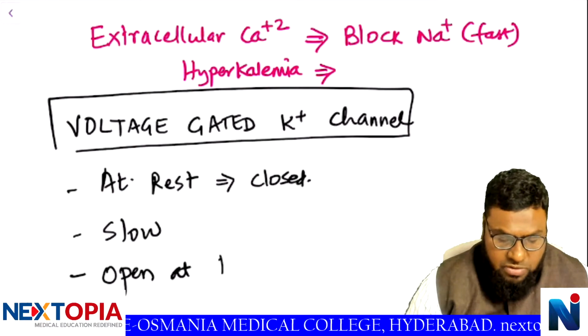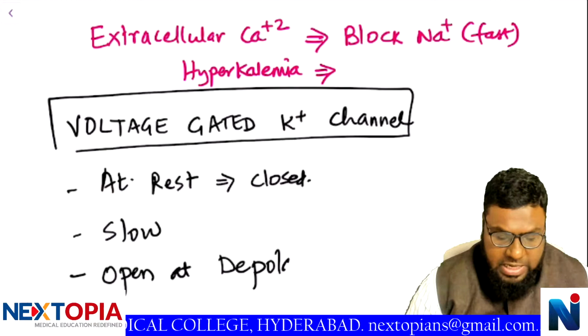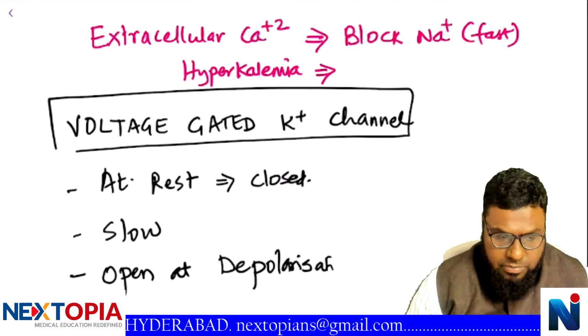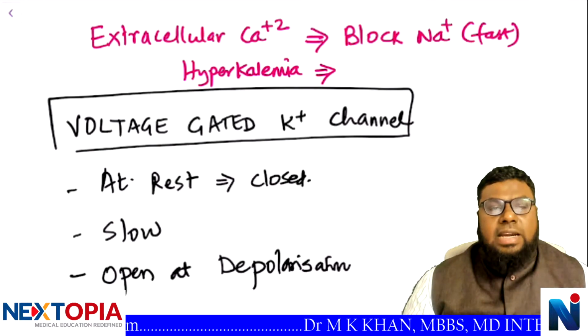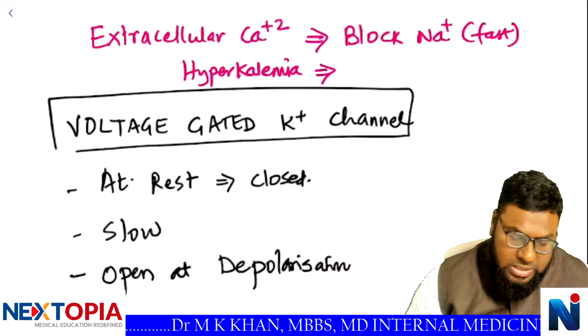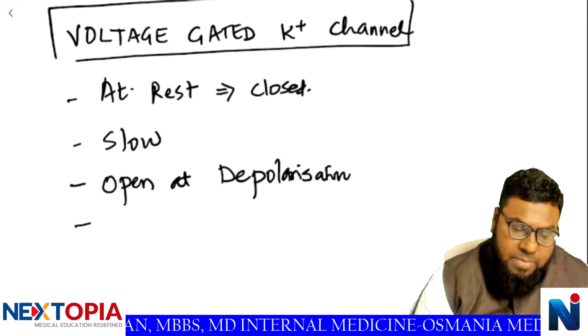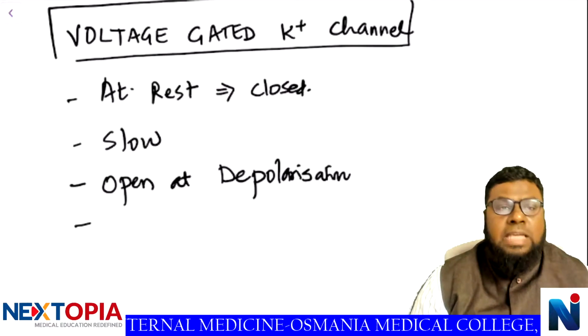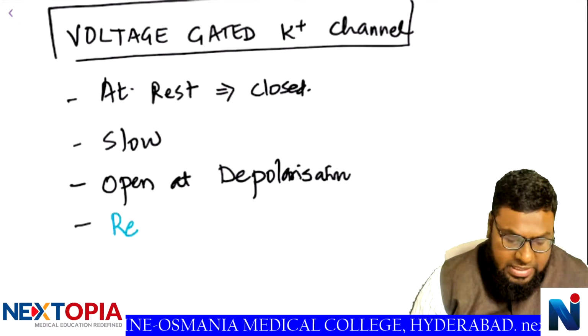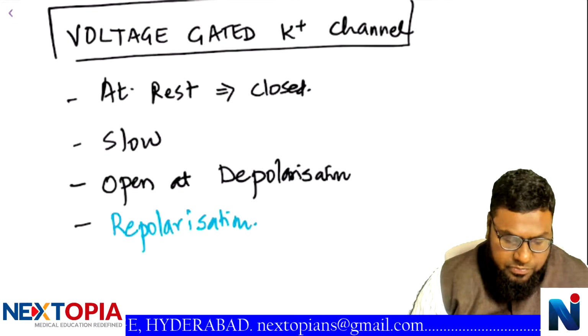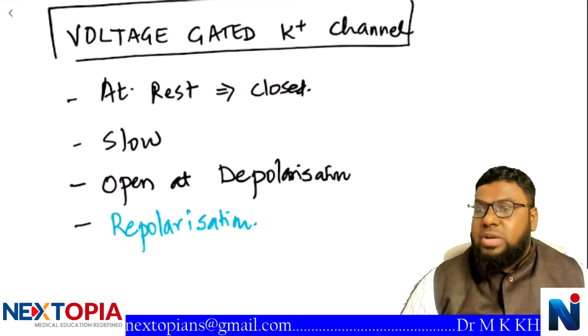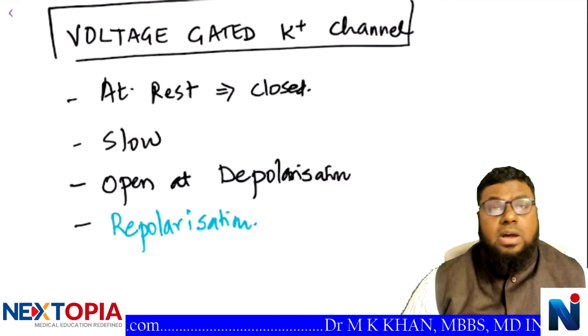These are the properties of the voltage gated potassium channel. Once the depolarization is complete, its primary mechanism is to bring about repolarization. It is there to bring about repolarization. This point, always remember it.